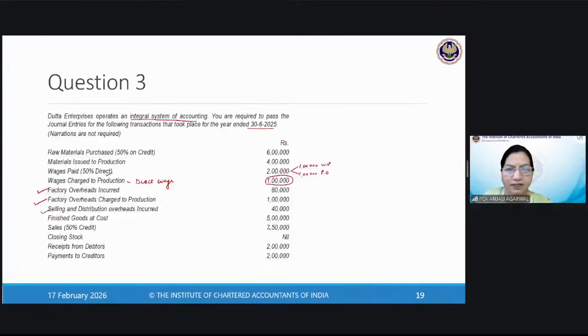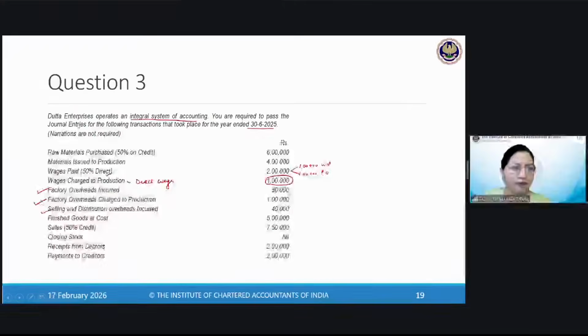Sales is 7,50,000. What is the entry for sales? And is it debit or credit? 50% credit sales. Bank account debit 3,75,000.